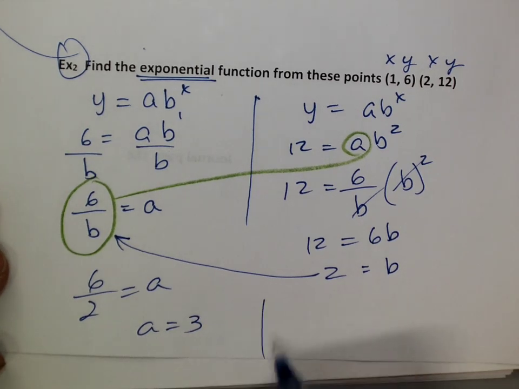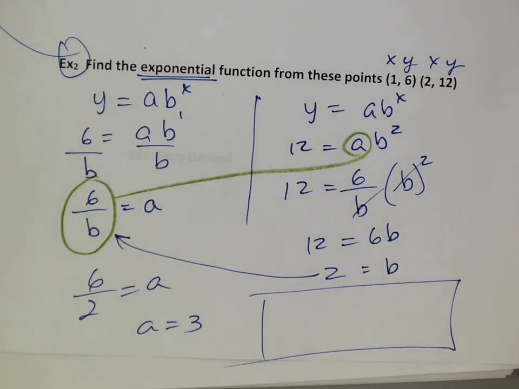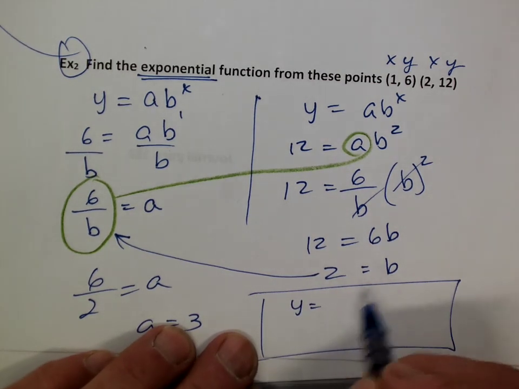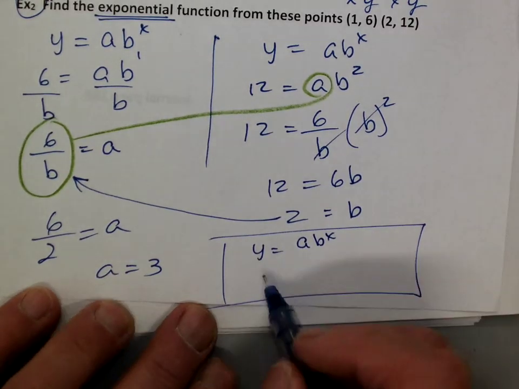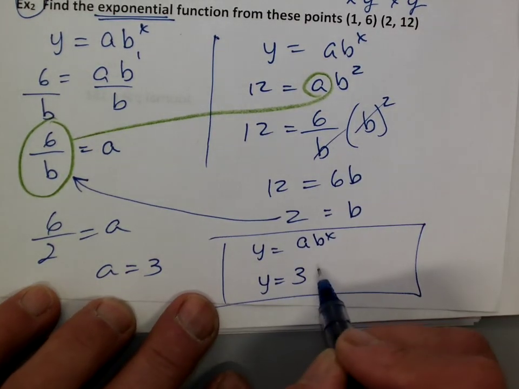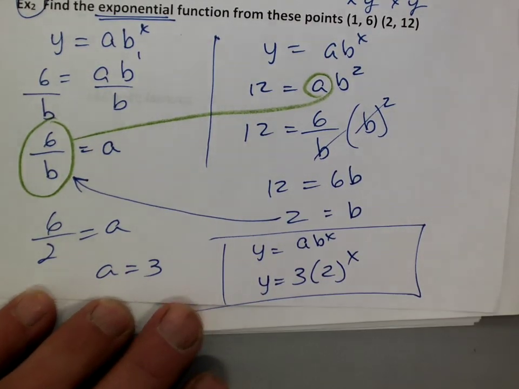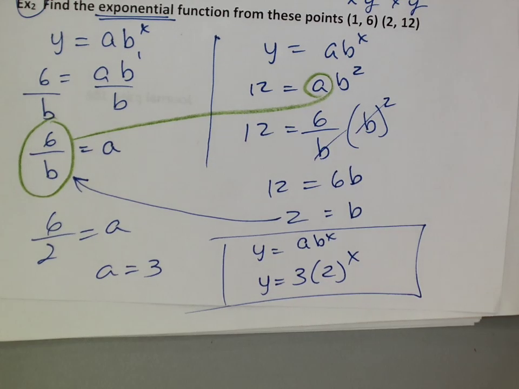I know a and b, right? So my equation is y equals ab to the x, so now I'm going to write y equals 3 times 2 to the x power. Pretty slick, huh?